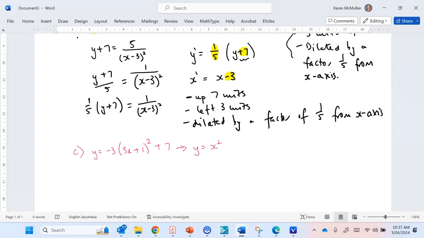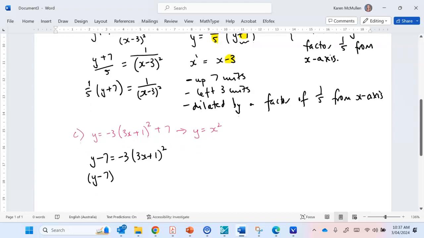Okay, so let's transform this first one, or transpose, I should say. So I'm going to bring that 7 over. You could probably do this in more than one step. Bring that -3 over, so y minus 7, and instead of dividing it, I'm just going to write -1/3. Okay, so we can easily see the dilation factor.